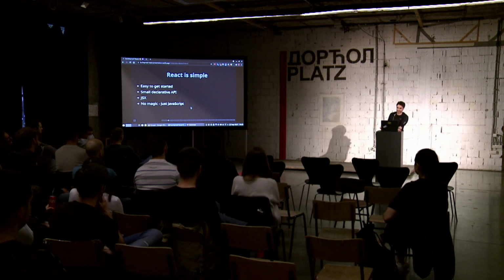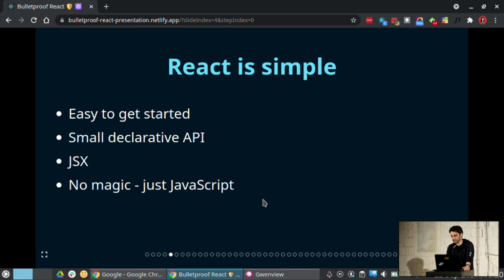So we all know that React is simple in the way that it is pretty easy to get started. It is a small declarative API where you describe a UI and you get some markup via JSX, which gives additional improvements by abstracting React createElement methods.